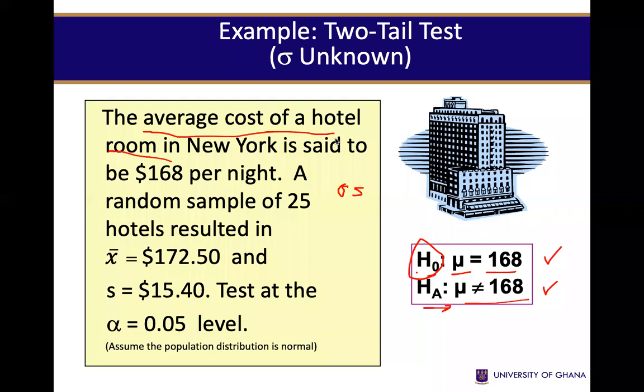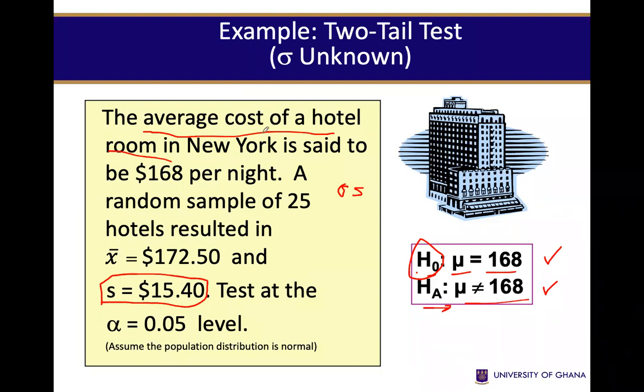What we are doing is using the sample standard deviation as an estimate for the population standard deviation. So the population standard deviation is actually unknown, and what we have estimated is the sample standard deviation. Very good, Eunice. S for sample.